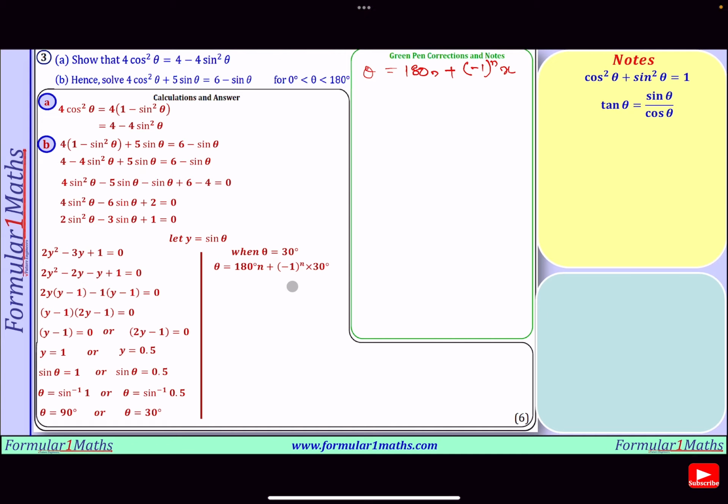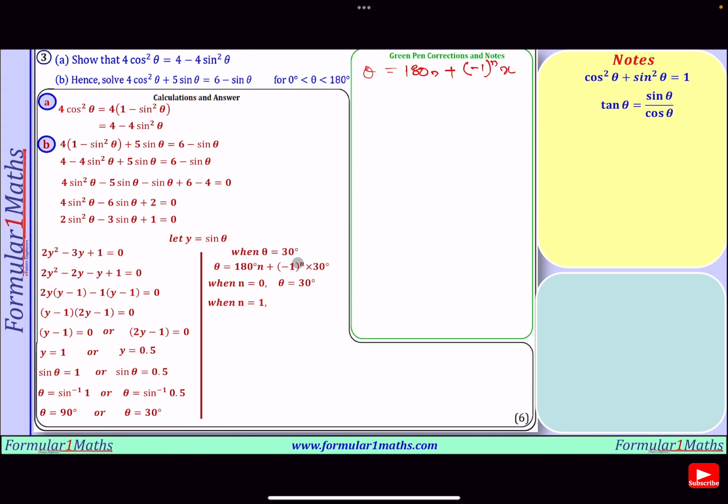Now, I'm going to find the values of theta with different values of n. I'll start with 0. When n is 0, 180 times 0 is 0, minus 1 raised to the power 0 is 1, so I end up with 30. When n is 1, 180 times 1 is 180, and minus 1 raised to the power 1 is minus 1.